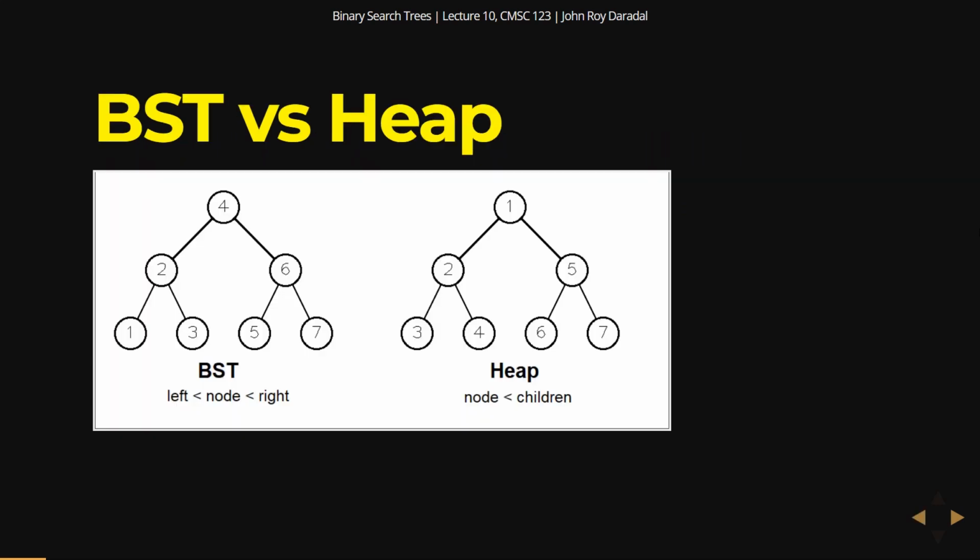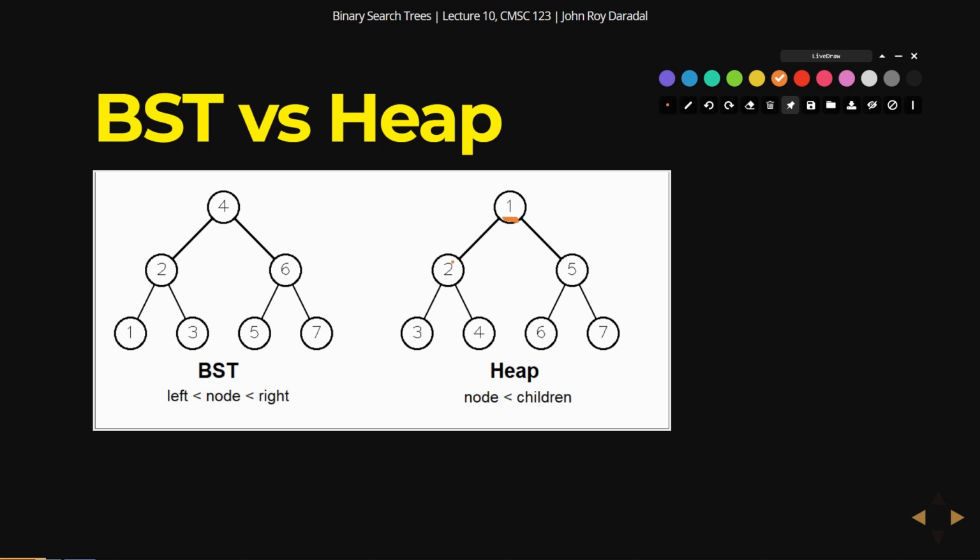We've seen a similar kind of binary tree, which was the heap in the previous video. Now, how is this different from the heap? For the heap, if it was a min heap, the node's key should be less than the children's. So the min node should be at the root, and the node should be less than the children.